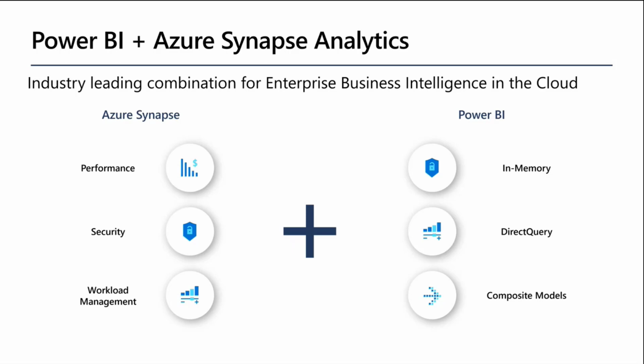That better together story is now available to us without having to bring in other Azure services to support it. If we want to, from a design perspective, we can, but it's not a requirement or a prerequisite. If we're using things such as column store indexes or Synapse Cache, or more importantly, statistics, we can get the optimal performance out of our queries from Power BI to service them directly in Azure Synapse.